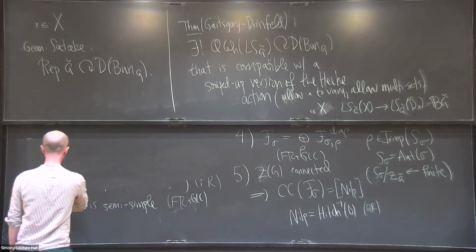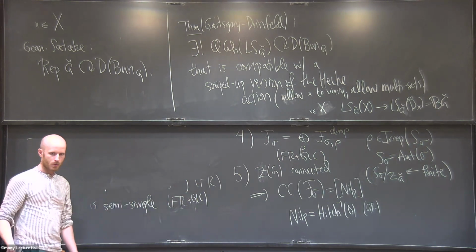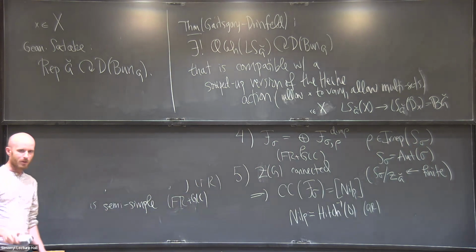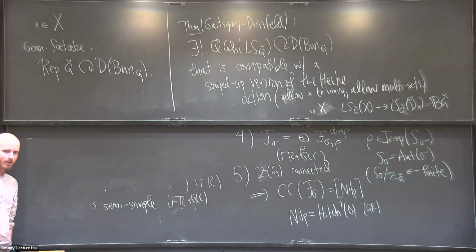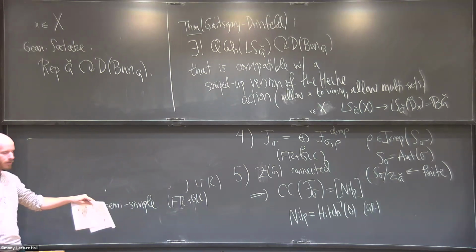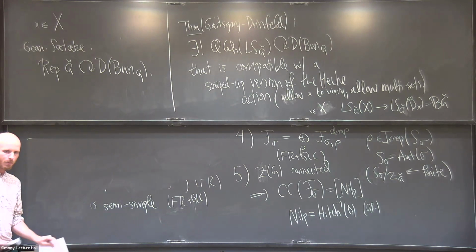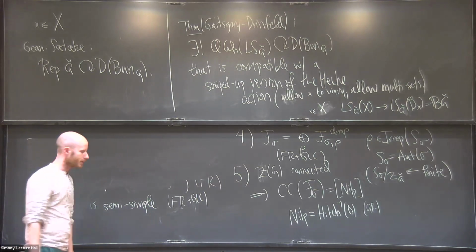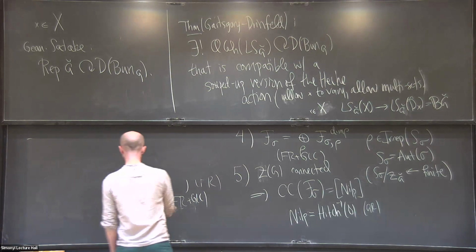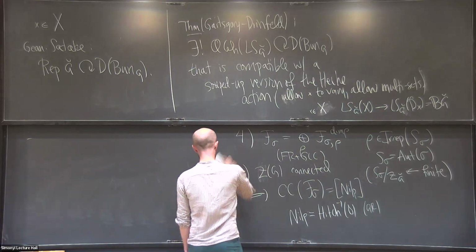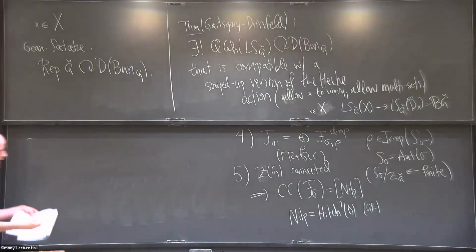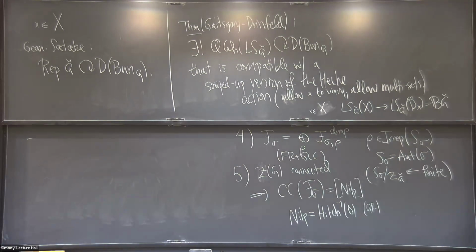And local system does not always mean irreducible local system. Yeah, so when I talked about eigensheaves, those were for irreducible local systems, but now it's arbitrary local systems. Something remarkable is that our strategy uses reducible local systems to prove something about irreducible local systems.